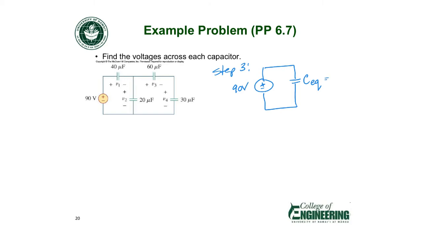And this is 40 microfarads in series with 40 microfarads. So just like two parallel resistors with the same value, I just get half the capacitance, or 20 microfarads.